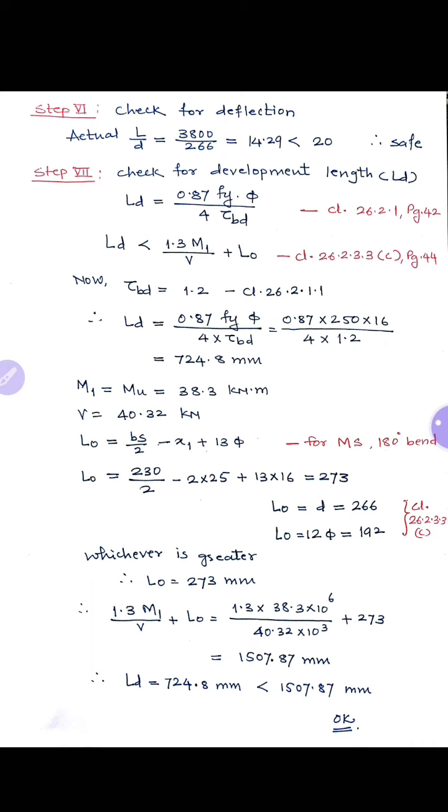For L0 we are considering a mild steel reinforcing bar and a 180 degree bend. L0 is the anchorage of the reinforcing bar beyond the center of the support. So BS is the support width, half of the support distance is BS by 2 minus X1, where X1 is the cover, plus 13 phi. So this L0 comes out to be 273.